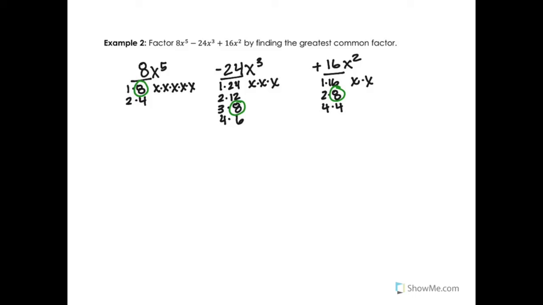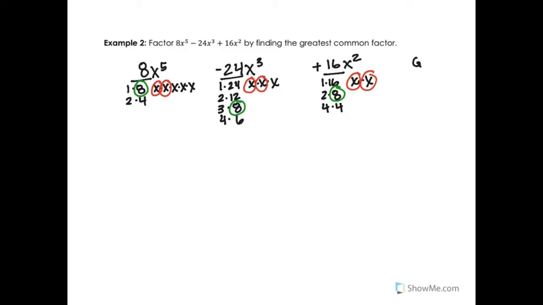I see that they also have a 2 in common. I see that they also have a 4 in common, but the biggest one that they have in common is the number 8. Now I have to do the same thing with my variables. I have to figure out how many x's I can circle in all 3 of these. To start, I know that I can circle 1 x in all of them, but I see that I can also circle another one. I have another one here, another one here, and another one here as well.